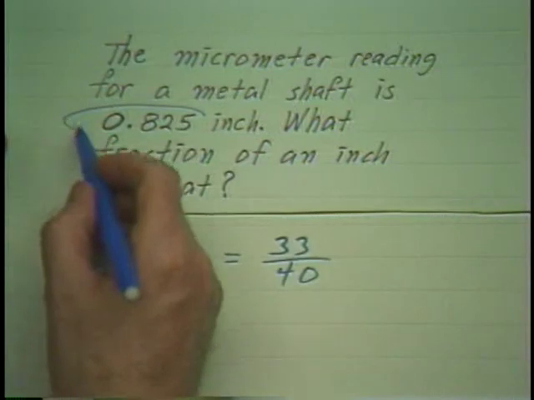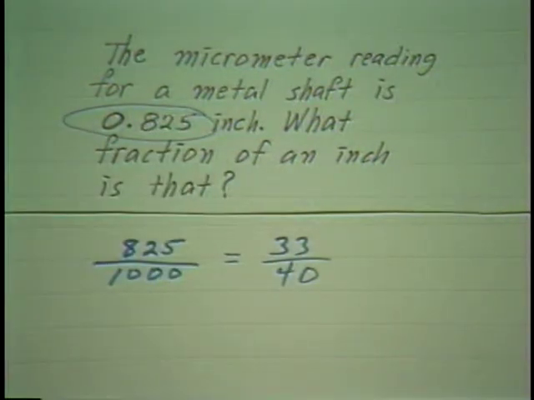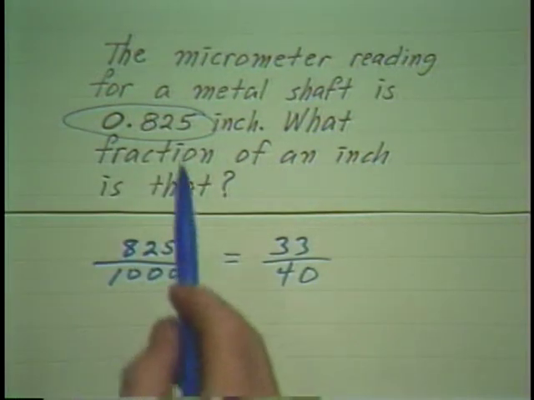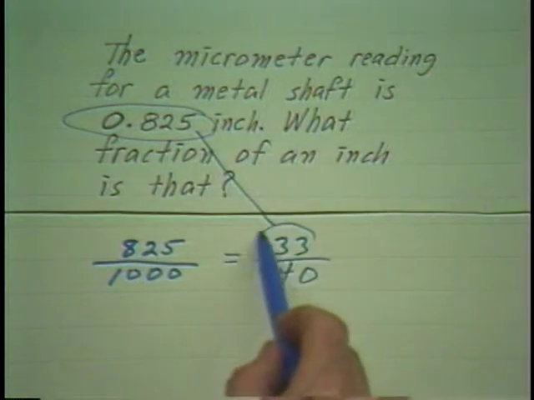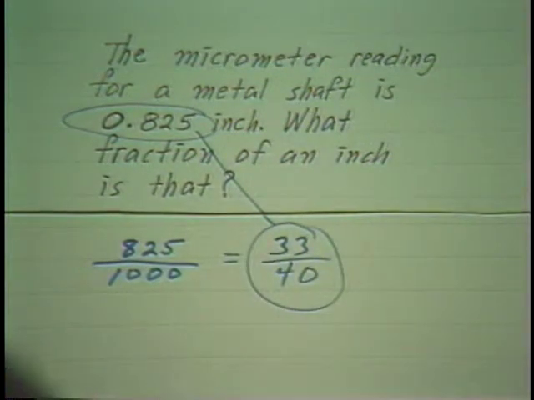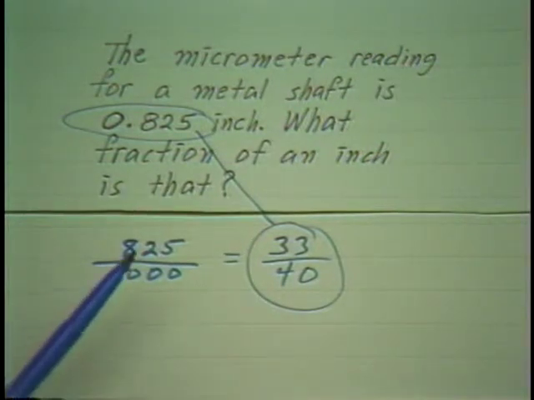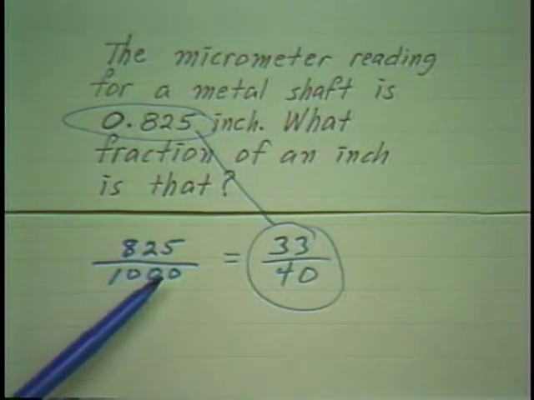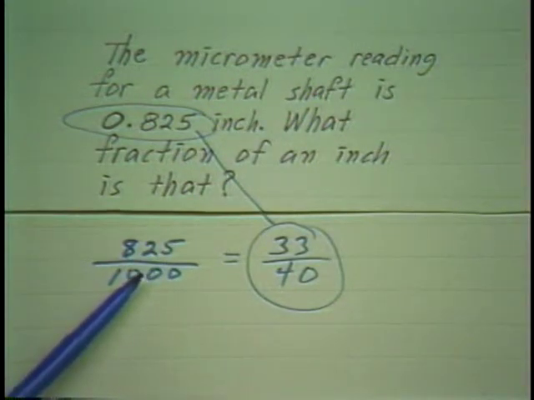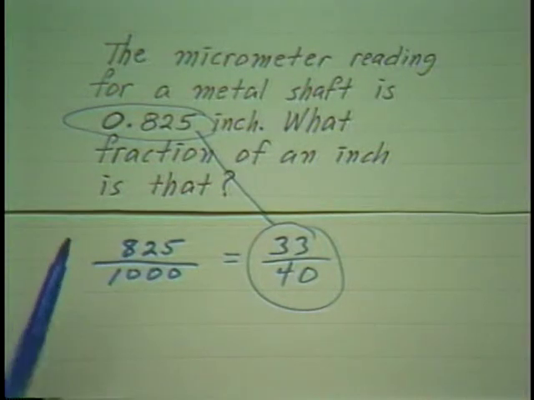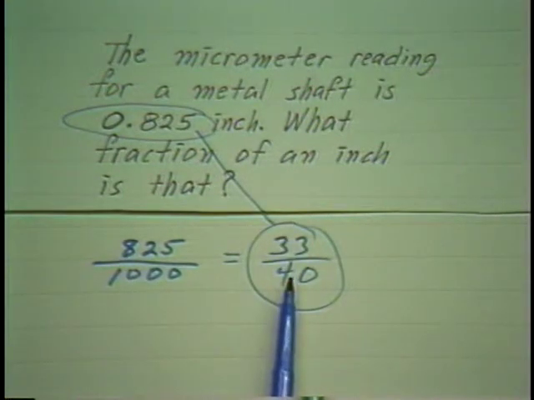So the decimal number 0.825 is equivalent to the reduced fraction 33/40ths. Now, if you're a little bit slippery on your arithmetic skills, we suggest that you do your reducing by hand just to check or to improve your arithmetic skills. Then check your work on the calculator, and in that manner you're improving both your hand skills and your calculator skills.